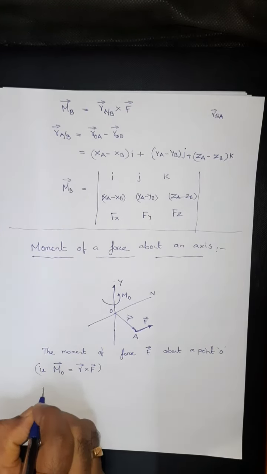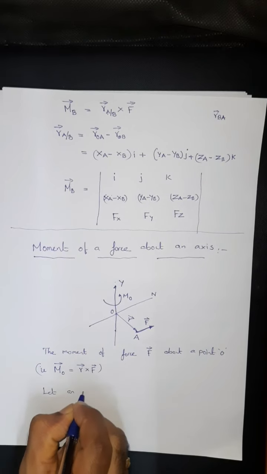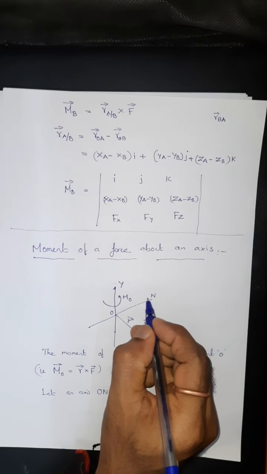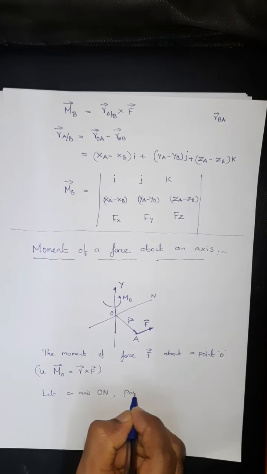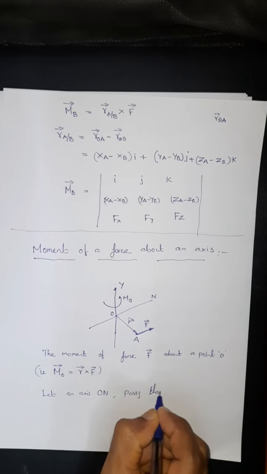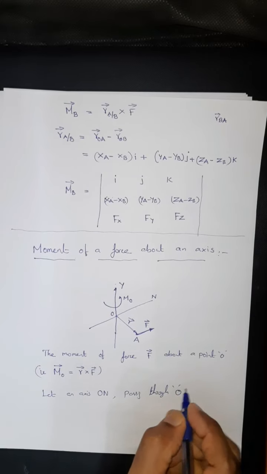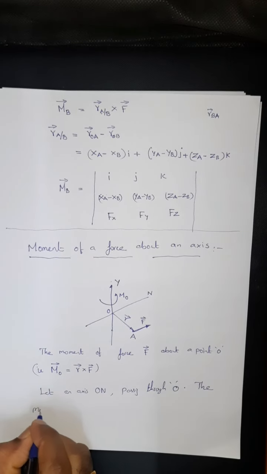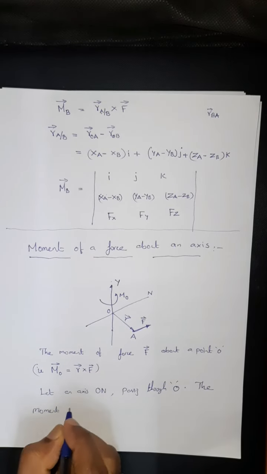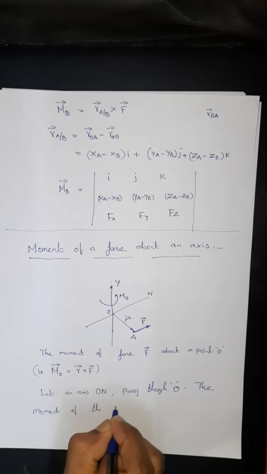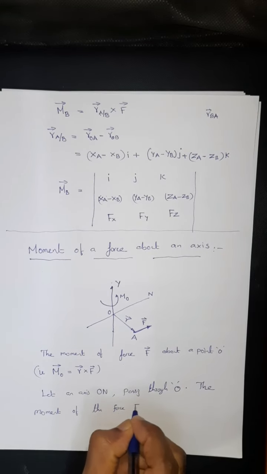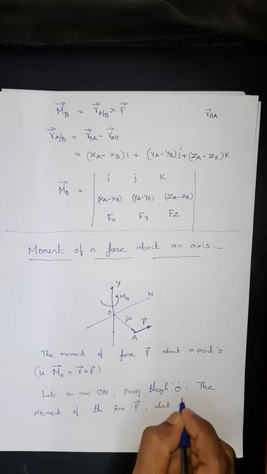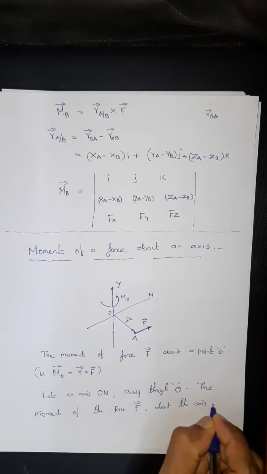Let an axis ON, that is axis ON, pass through O, and consider the moment of the force vector about which axis? About the axis ON, because we consider the axis ON, isn't it?